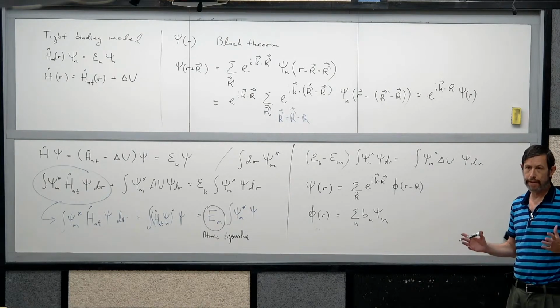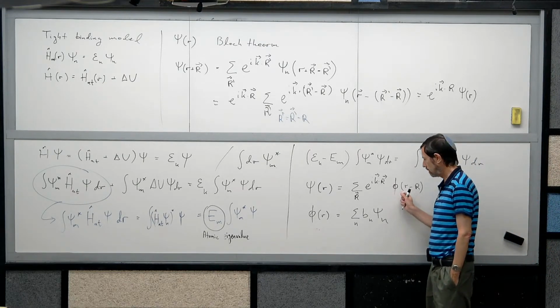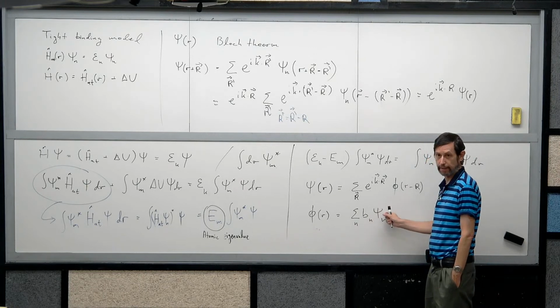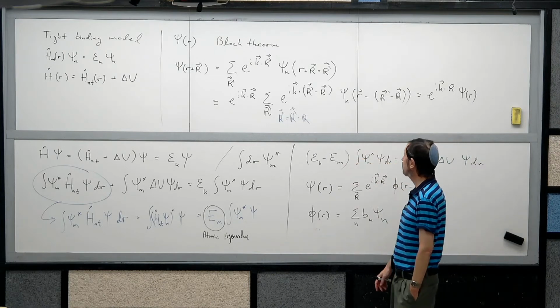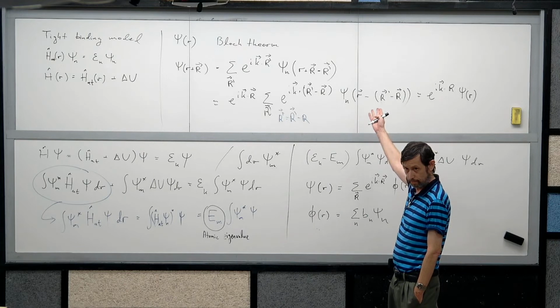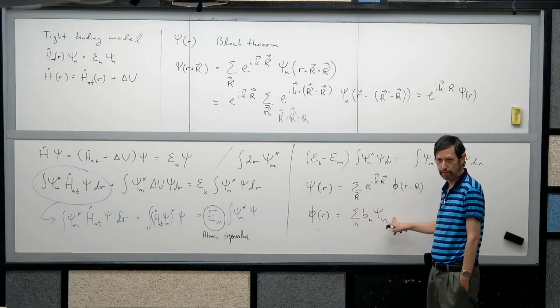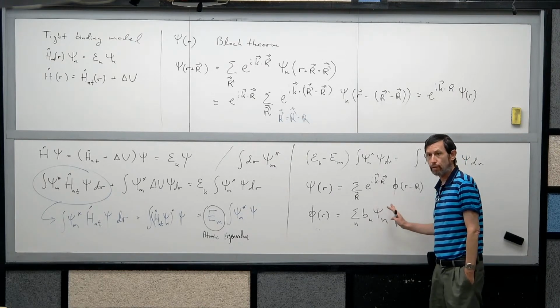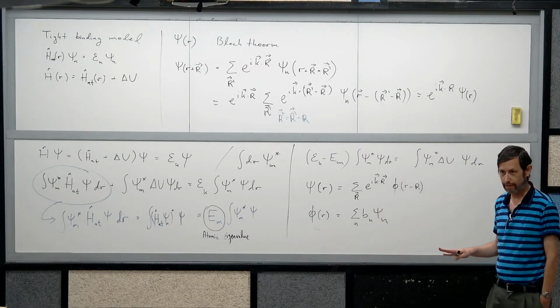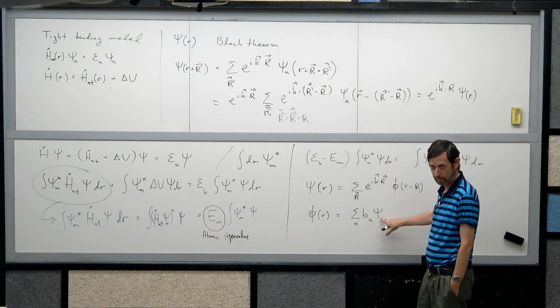Now you may ask me, why didn't you just simply write here psi n, according to the logic that we used before? Why do I write here a linear combination? Well, first of all, because I can. I'm not limited to only one of them. I can write any linear combination.